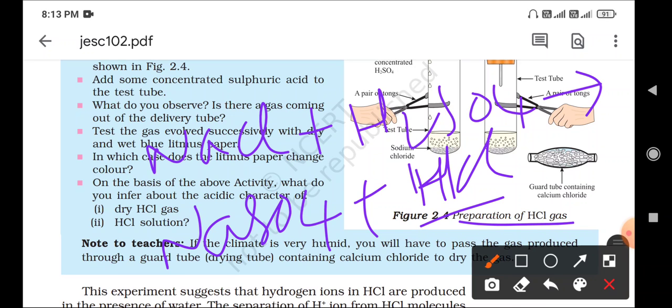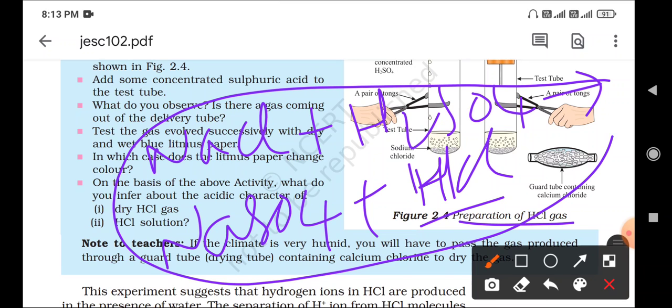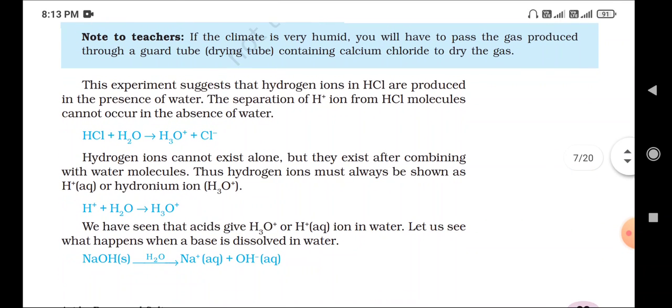This is the Activity 2.9 chemical equation. Note that this is important. HCl is prepared by reacting sodium chloride with sulfuric acid, giving sodium sulfate plus HCl gas.